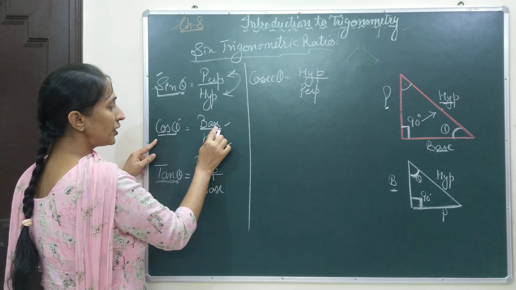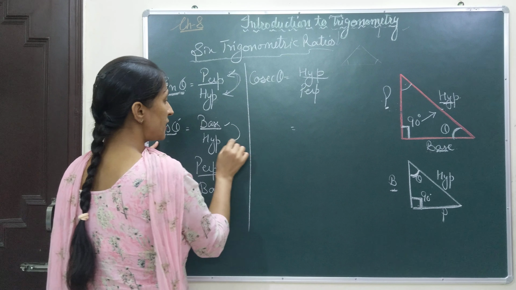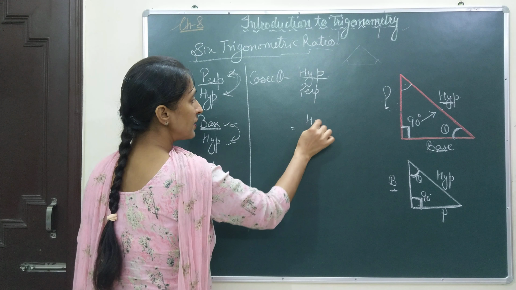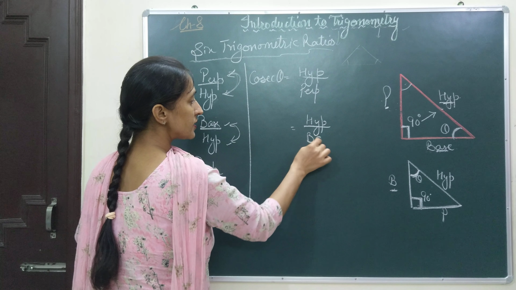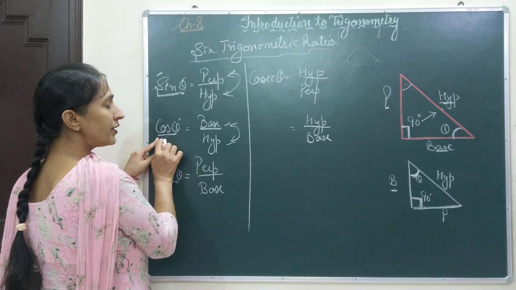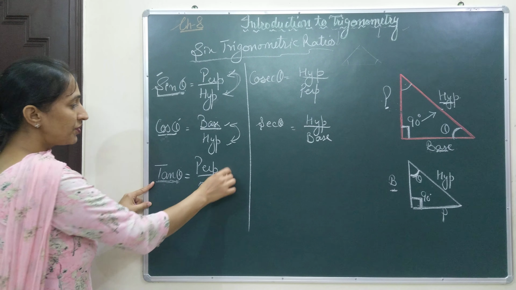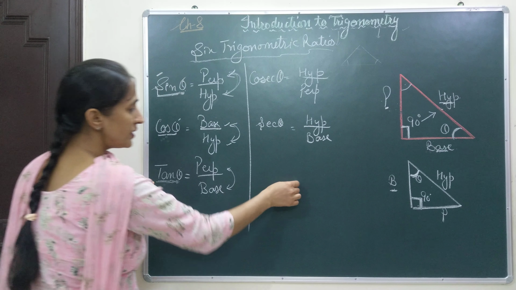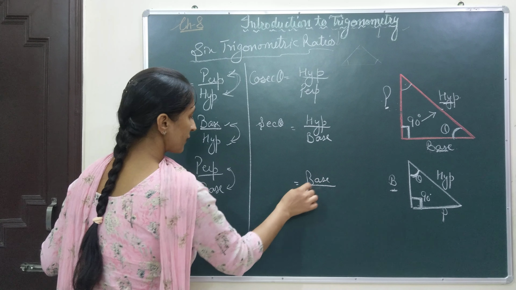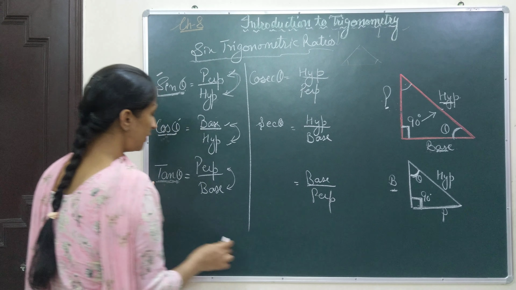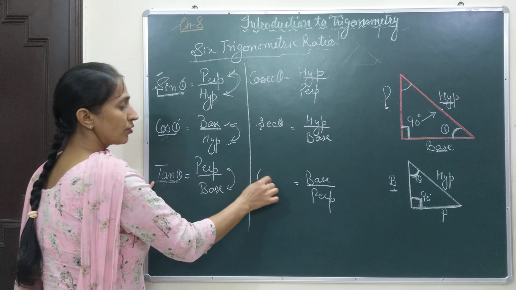Same way, if hypotenuse and base interchange places, that means hypotenuse lies here and base is in the denominator, then that ratio is called secant theta. If these two change their position, that means base is here and perpendicular is in the denominator, then that ratio is called cot theta.